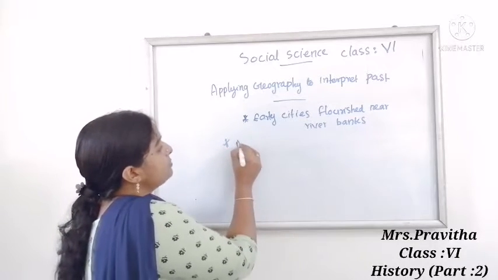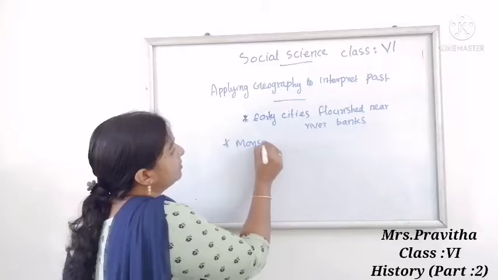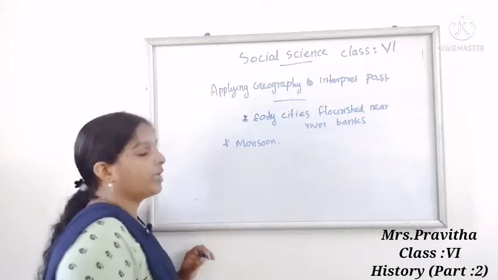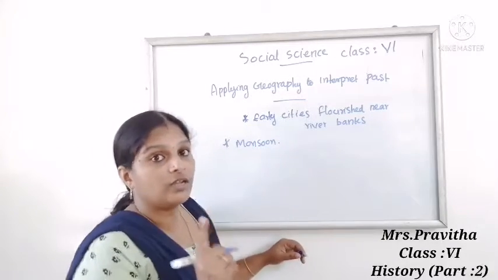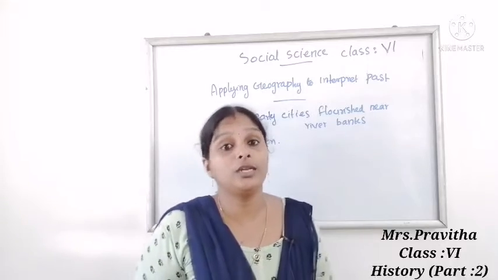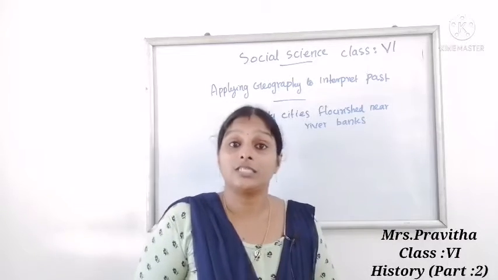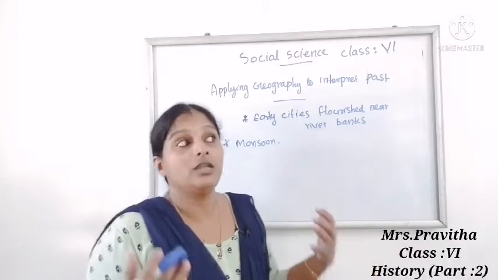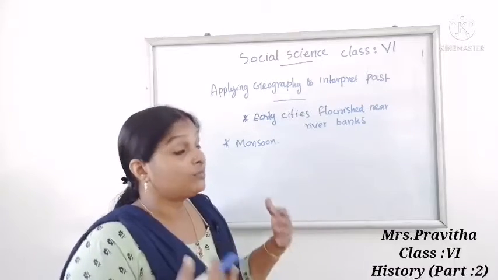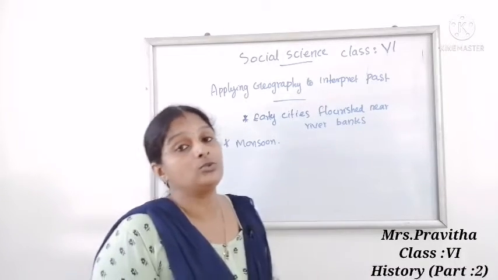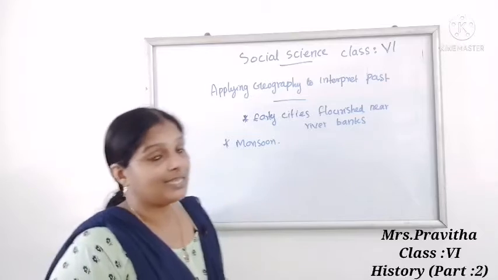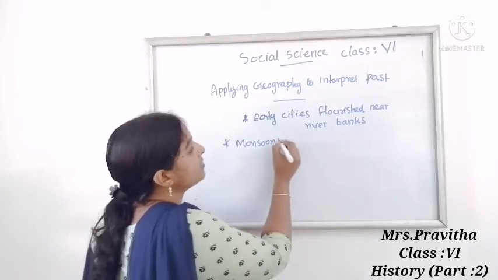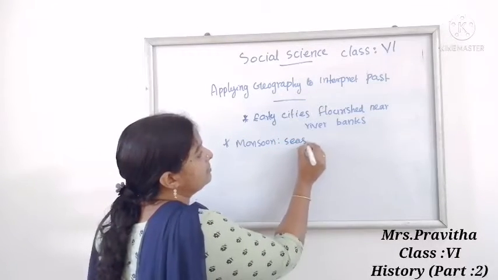Second one is the monsoon. Monsoon is another important geographical phenomenon that is used to interpret history, or that shaped India's past. Have you heard about the monsoon? Monsoon is the seasonal reversal of the wind system.